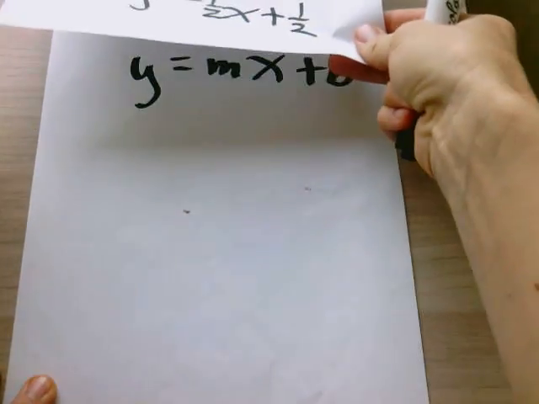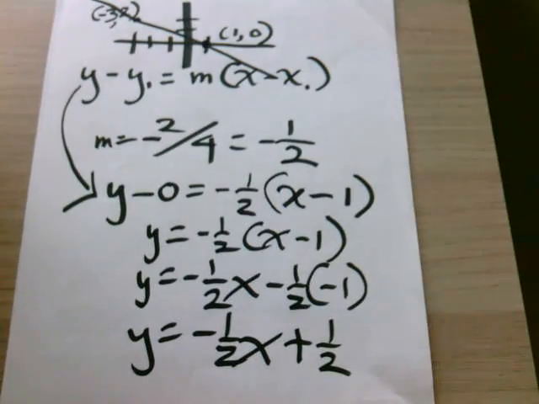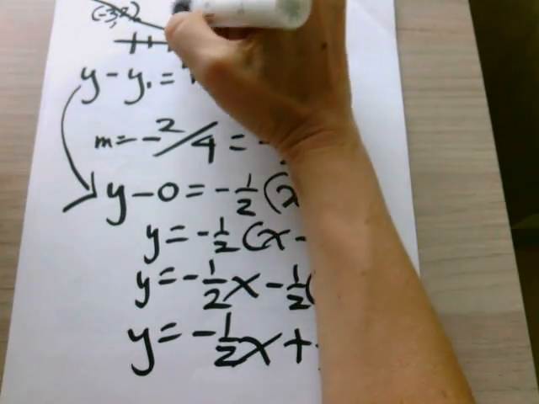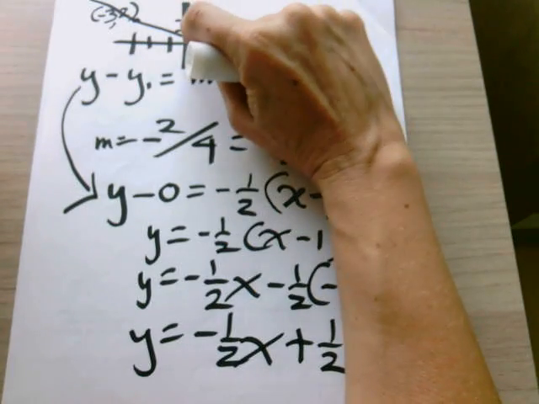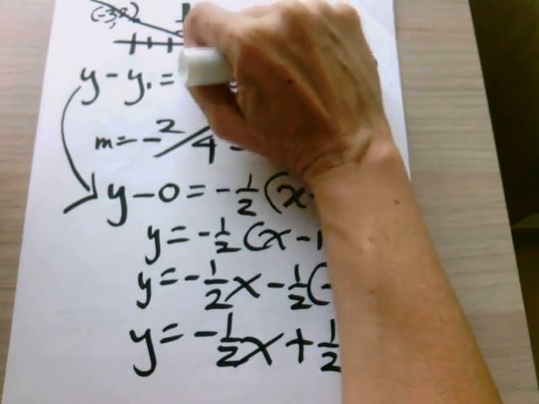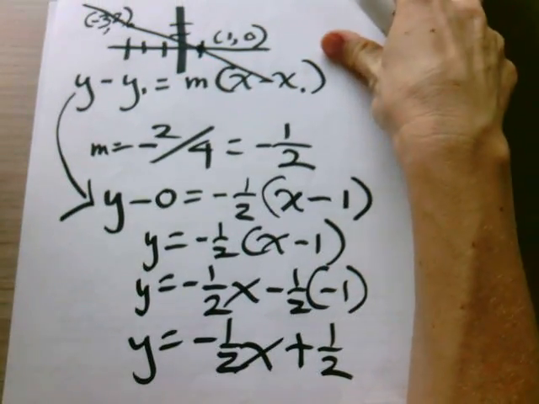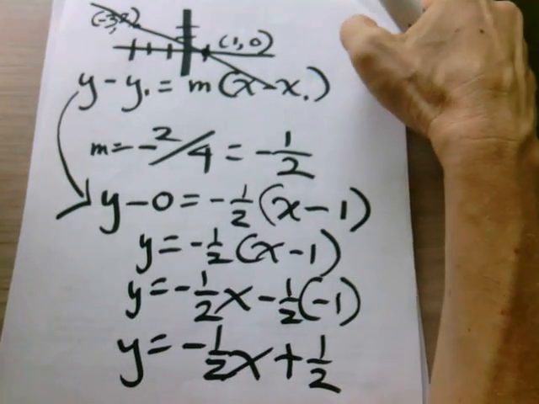So the y-intercept is where the line crosses the y-axis. So it looks like it's about 1/2, but let's try and be exact about it.